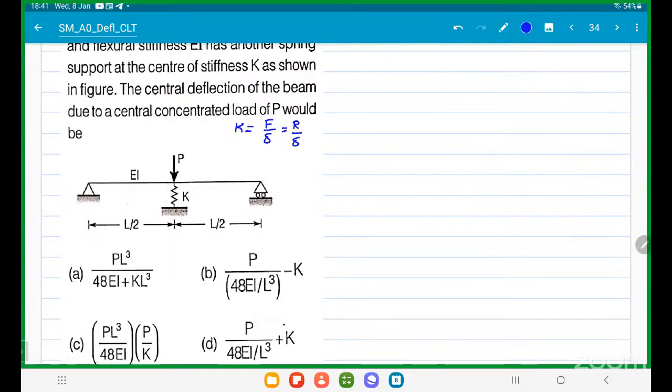Here in this case, reaction we can say. Then R is equal to K into delta for the spring. Resistance. Resisting force, right? What is the resistance for the deflection?